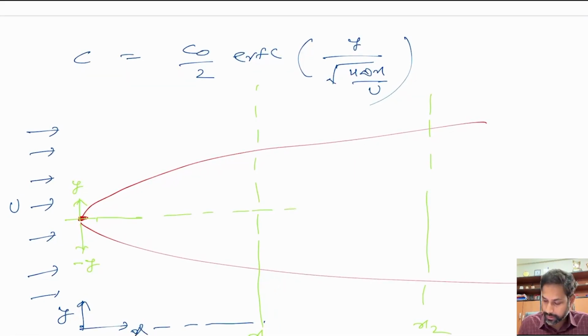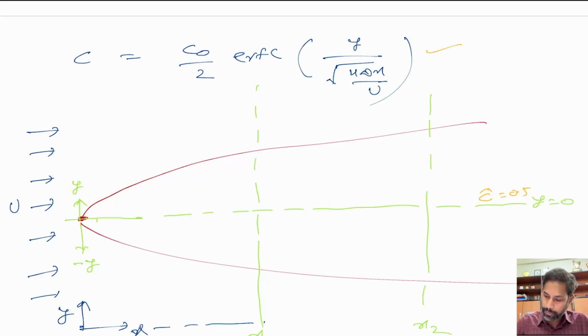So if you can see, this is your y equal to 0 line, right? And if you look at this equation carefully, for y equal to 0, your concentration is simply C naught by 2. So for y equal to 0 line, you have C hat equal to 0.5, right? That comes from this equation.